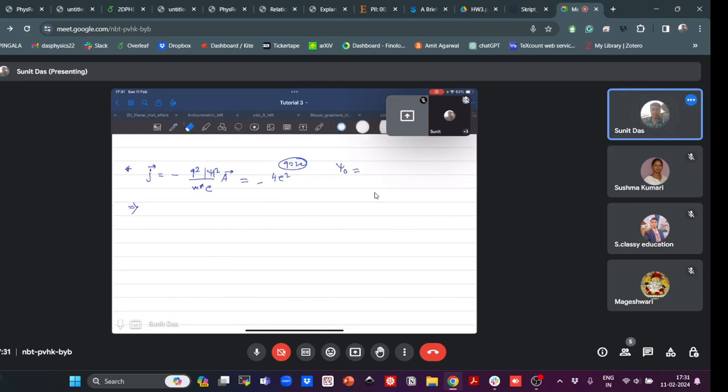In Landau theory, psi 0 equal to, what was that, root of minus alpha by beta, right? So psi 0 square equal to minus alpha by beta.